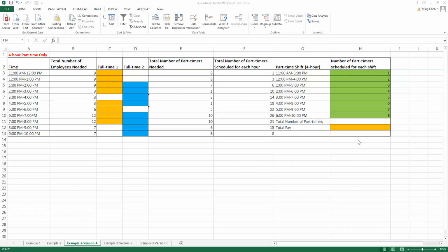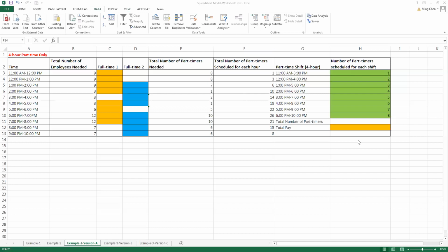If you hire more people, you're going to pay more. So this is about really controlling the operating cost. Make sure you only hire enough to cover each period. So really the question is about minimizing the total number of people we need to hire.